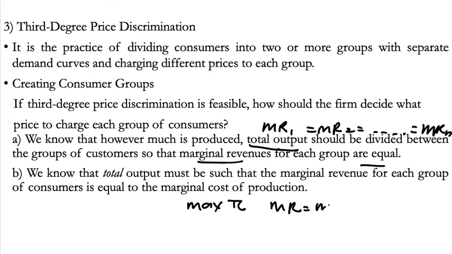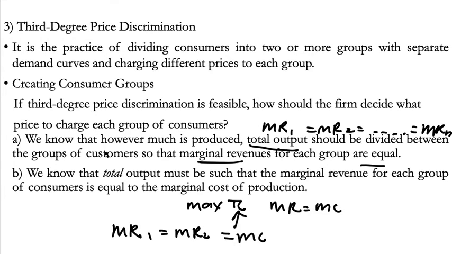MR should be equal to MC, isn't it? So that means, let's say we have only two groups, then we have MR1 equals MR2, following the first step here. But both of them must be equal to marginal cost because we want to maximize profit. We do business, we are not doing welfare here. So these are the two conditions that we must have.